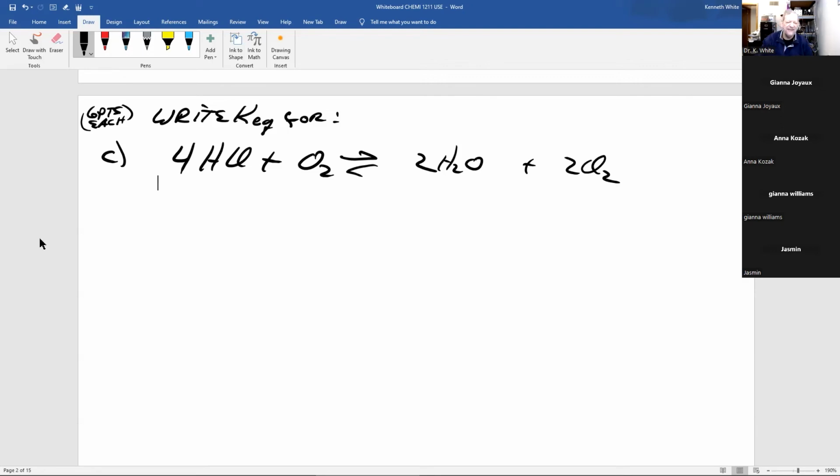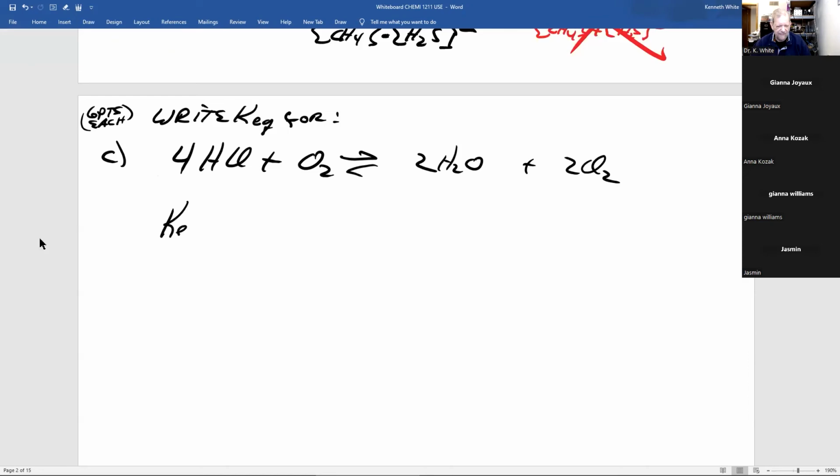All right. K equilibrium. Here are the products. Here are the reactants. And it's a ratio, the concentration of each product to the power of the coefficient times each one.